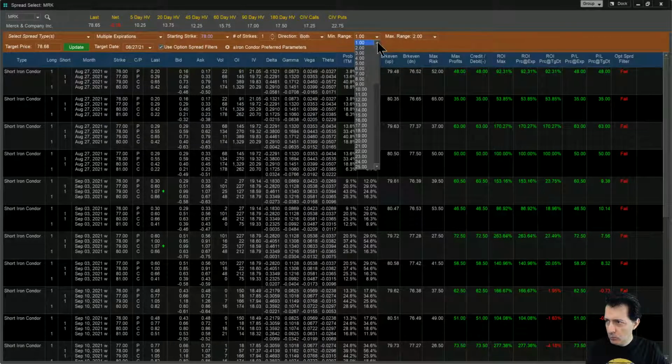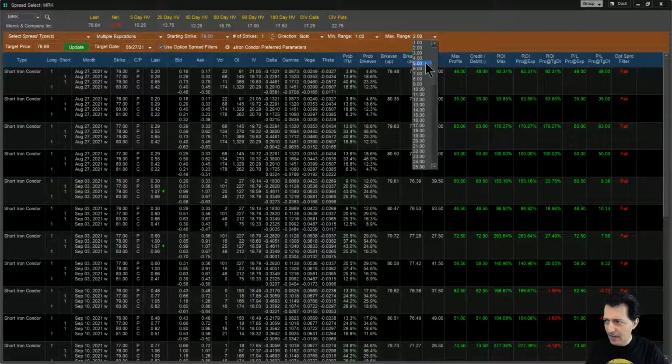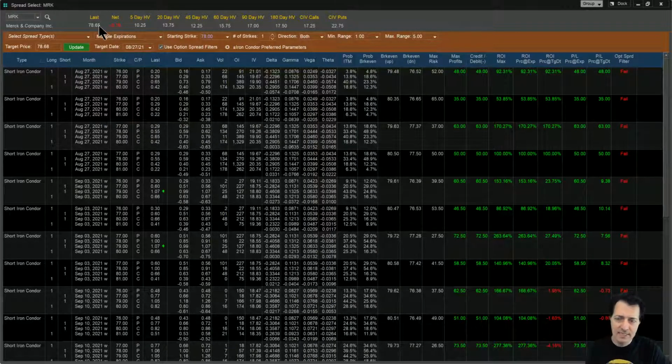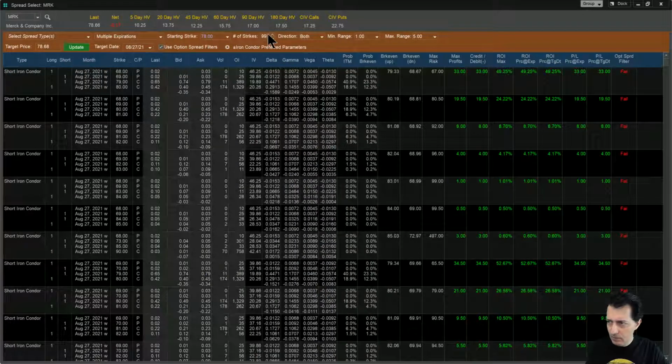Minimum range is 1, maximum range, I'm gonna make it 5. I'm not gonna go above 5 because this is a $78 stock. So maximum risk I want to take is 500. I'm gonna update, and with that update, I will also go ahead and build 99 of those. And with those 99, I got my Iron Condor preferred parameters loaded.